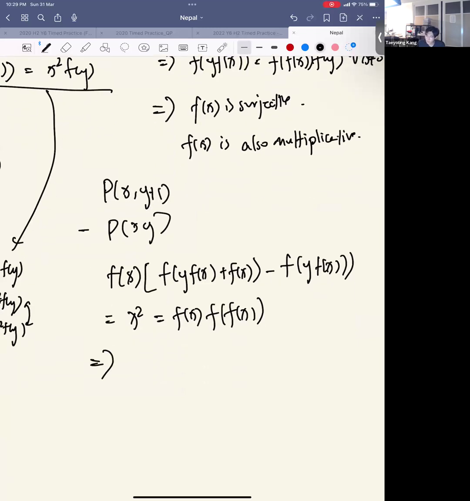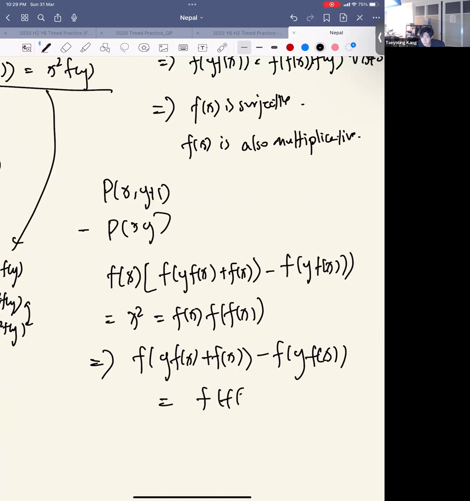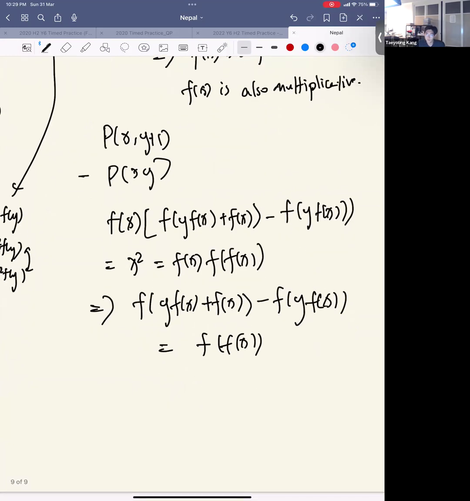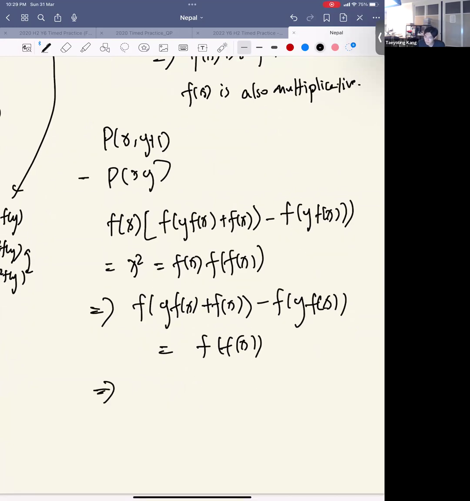Which is basically equivalent to saying f(y f(x)) plus f(x) minus f(y f(x)) is equal to f(f(x)). Which implies that f(c + a) minus f(c) is equal to f(a).